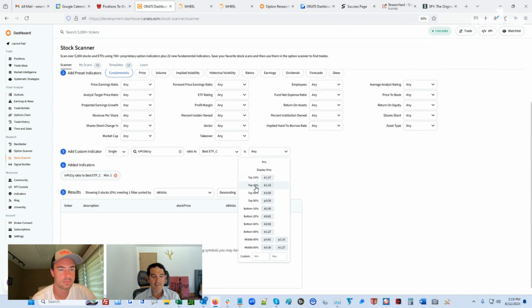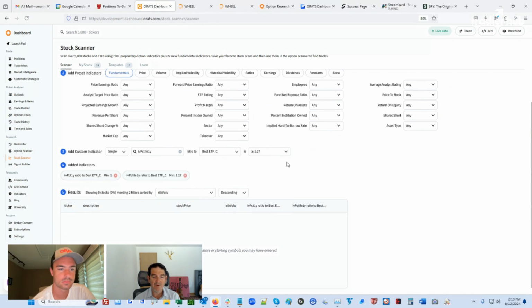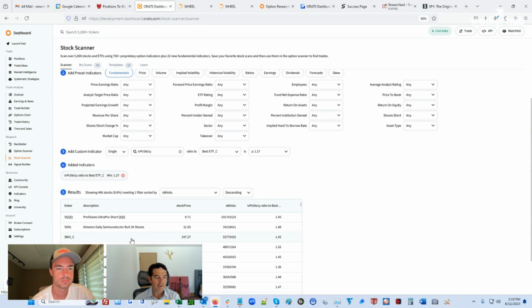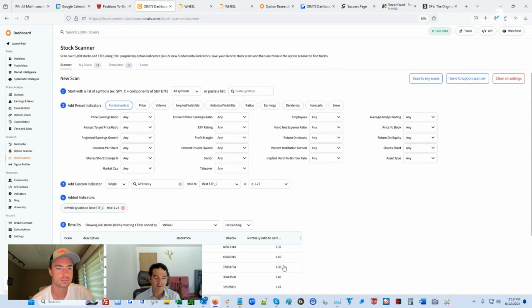So the top, let's just do the top 10% and just see what these look like. Oops, we still have this in here. So then you have some odd types. You're seeing a lot of the ProShares and the leveraged ETFs. So if we go to the asset types, we'll just look at only stocks.